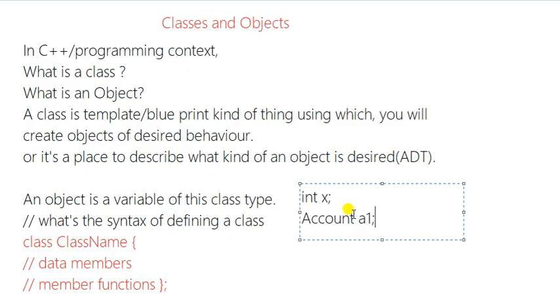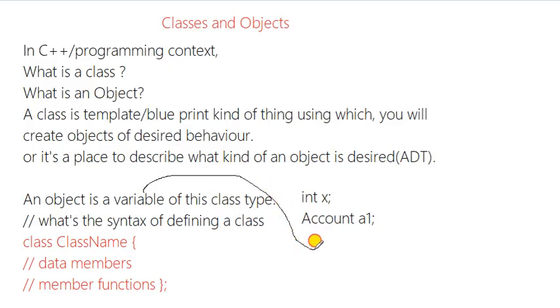Now account, you have defined it as a class, as an ADT. Now you are creating a variable of this class, A1. This A1 is an object actually because it is a variable. So a variable of this class type is an object.